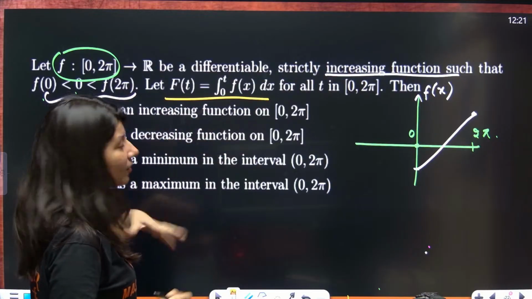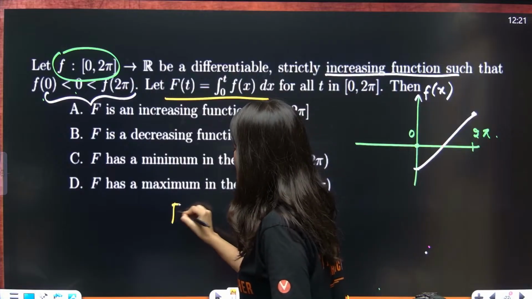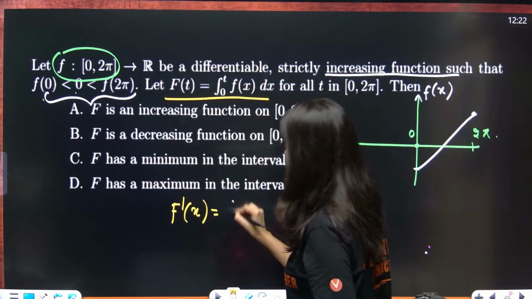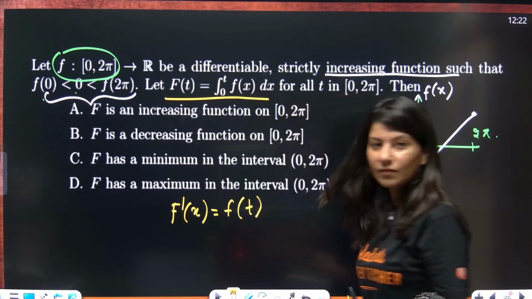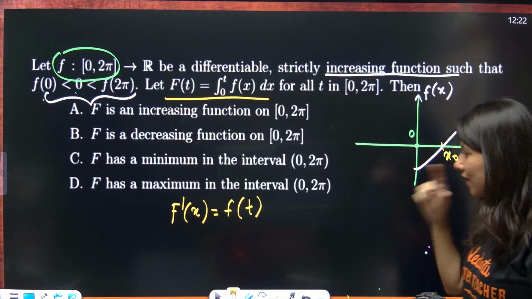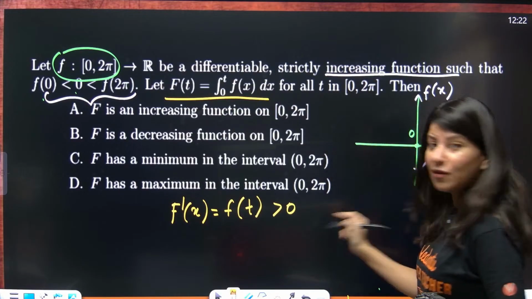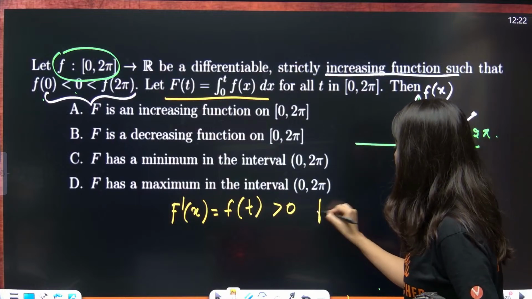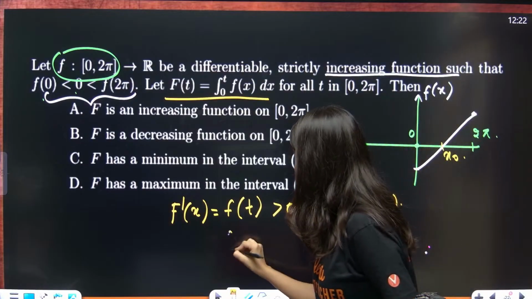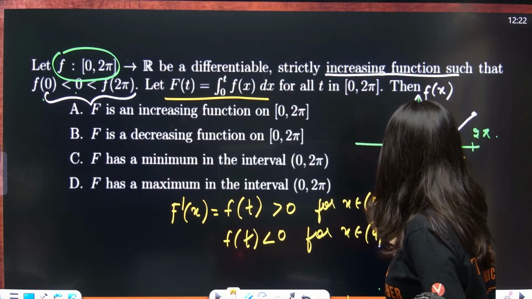Now they are asking whether capital F is an increasing or decreasing function. So let me just differentiate it. F dash x, using Leibniz theorem, will become f of t. Now if I talk about f of t, there is some x naught. So f of t is positive for x belongs to 0 to a, and f of t is negative for x belongs to a to 2 pi.